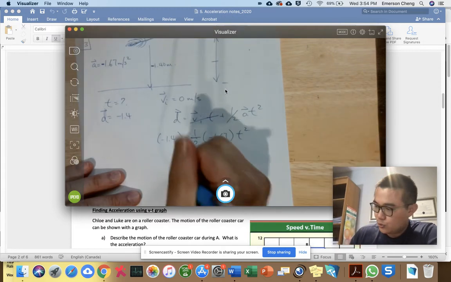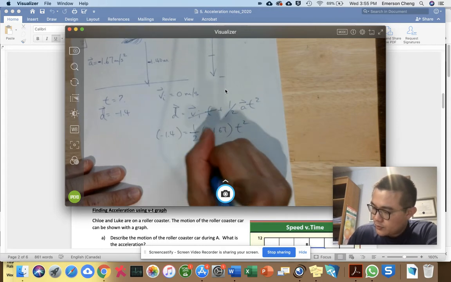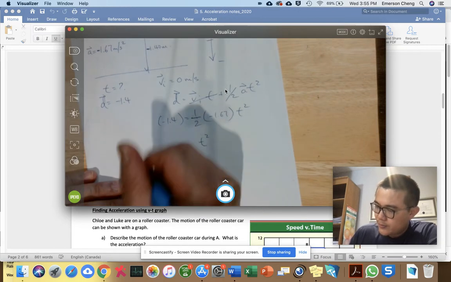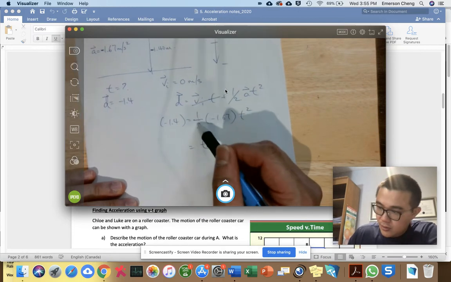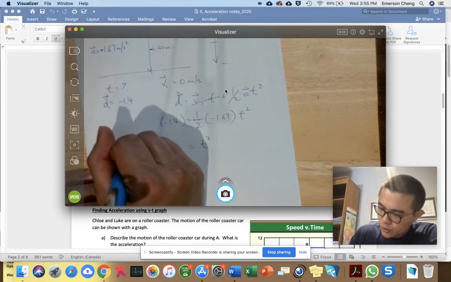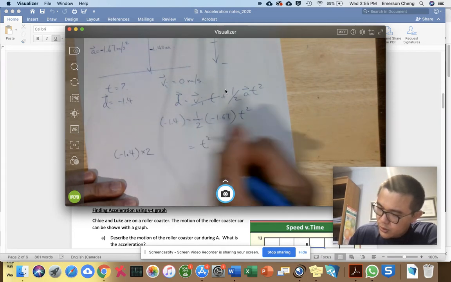So t squared will be, now, to get rid of this 2, I have to multiply both sides by 2. So it will be 1.4 times 2.